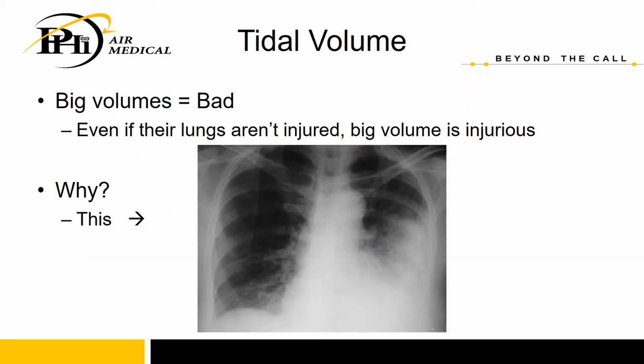All right, so let's look at tidal volume, button number 1 on our ventilator. Big volumes are not good for our patients. Even if the lungs are not injured in some sort of traumatic way, big volumes are very injurious, especially as you try to put 10 milliliters per kilogram or more into this patient's lung.